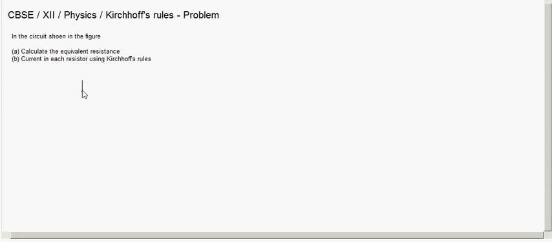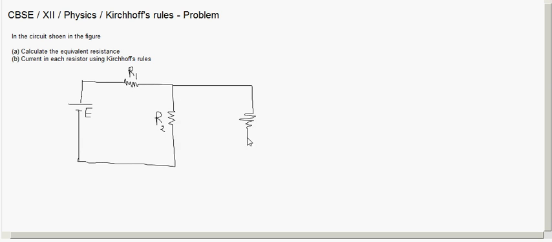We have E, R1, R2, R3, and then we have another resistor called R4.